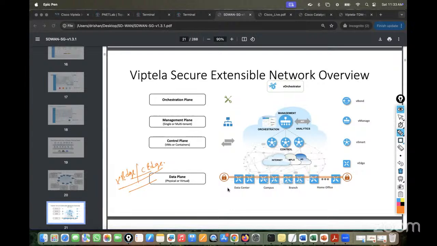These are going to be placed at the data plane location. And once we place the routers, they need to bring the routing connectivity to the control plane. That is my control plane device. This is known as the vSmart. So vSmart is something which is used for all the routing manipulation and routing decisions, which are going to happen from the vSmart router only.